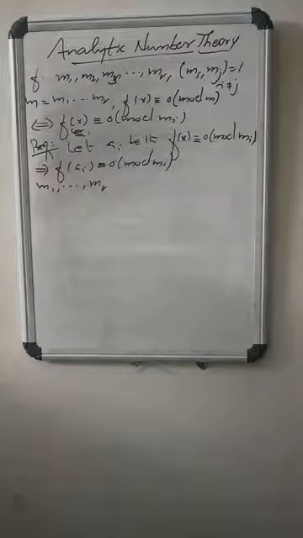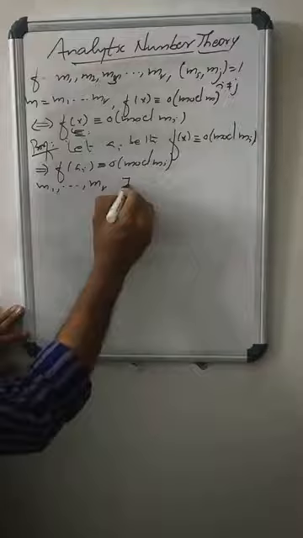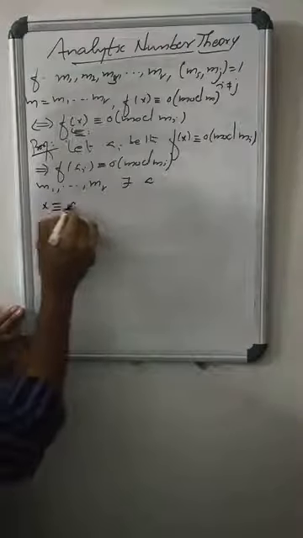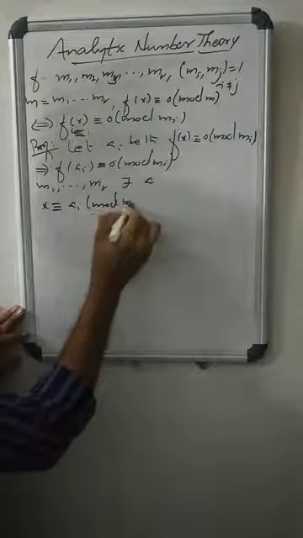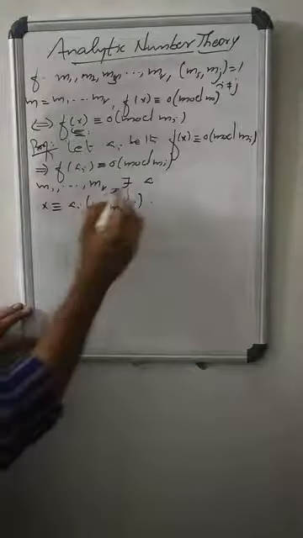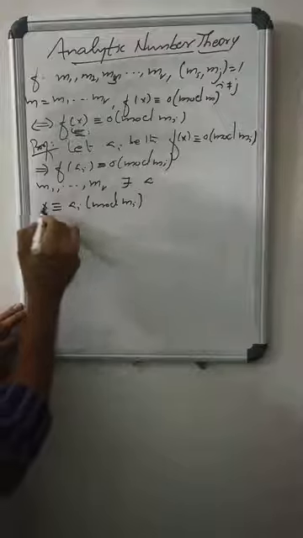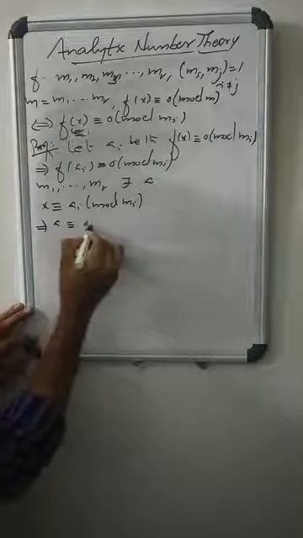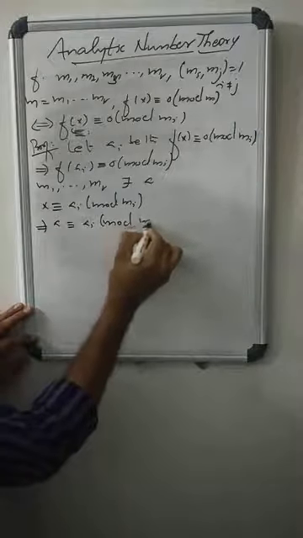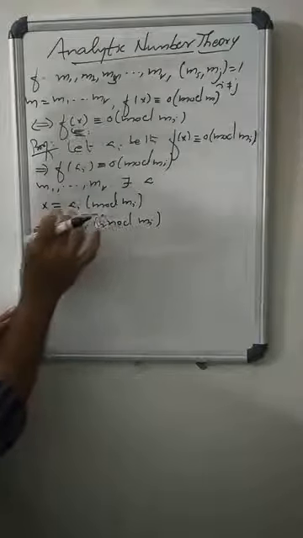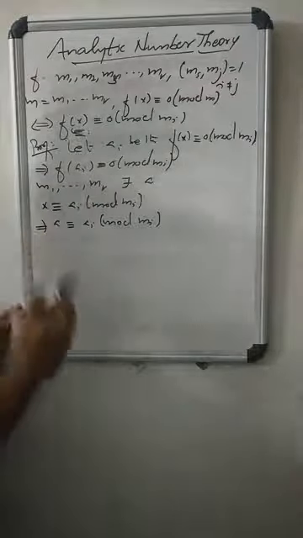According to the Chinese remainder theorem, there exists an integer a such that x congruent to ai mod mi has a unique solution. Let it be a, then a is congruent to ai mod mi.